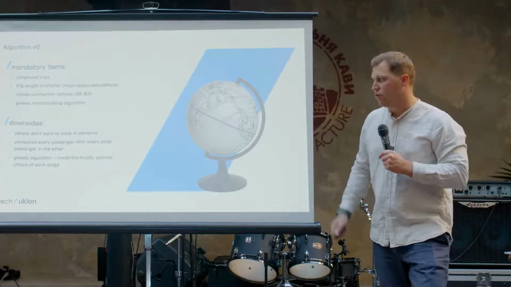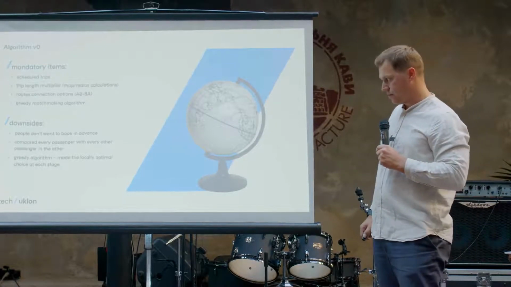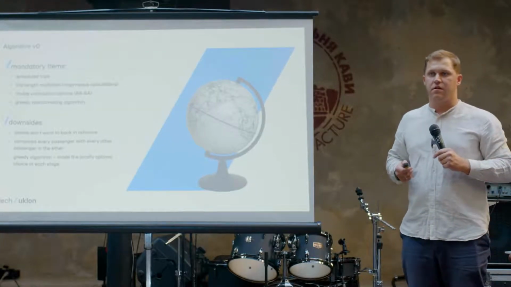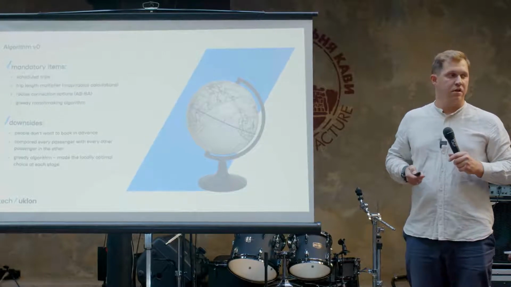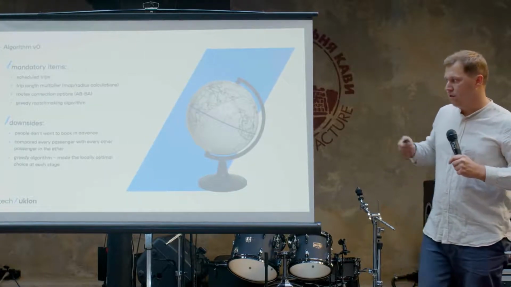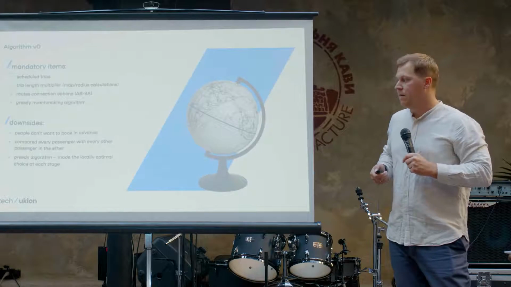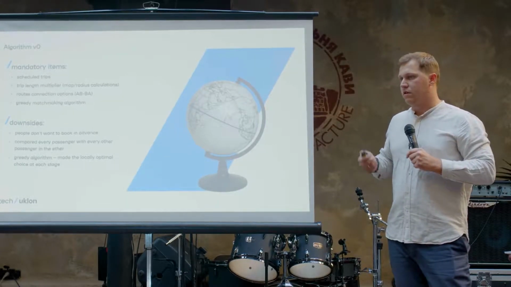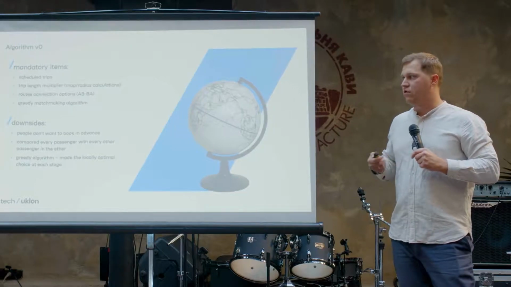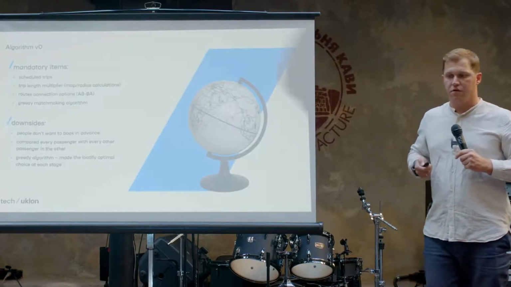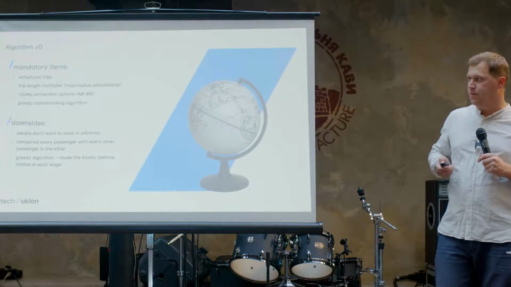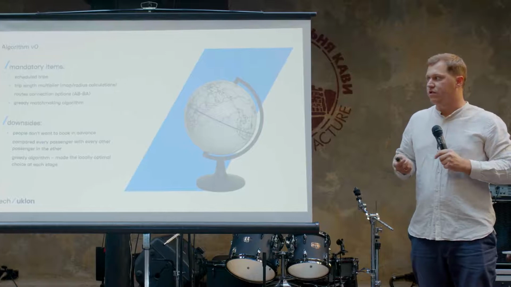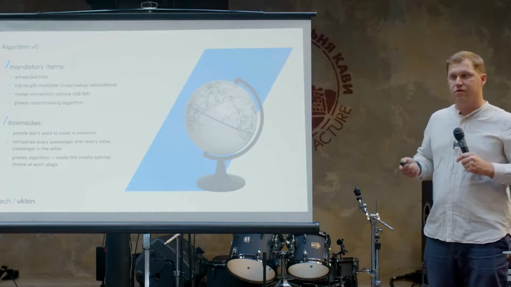The second downside was that we compared every passenger with every other passenger, and it takes a lot of time to make calculations. This greedy algorithm also made the optimal minimum for each ride, but it's not a good situation for the unit economy of our system. With this information, we started to optimize the first version of the algorithm.